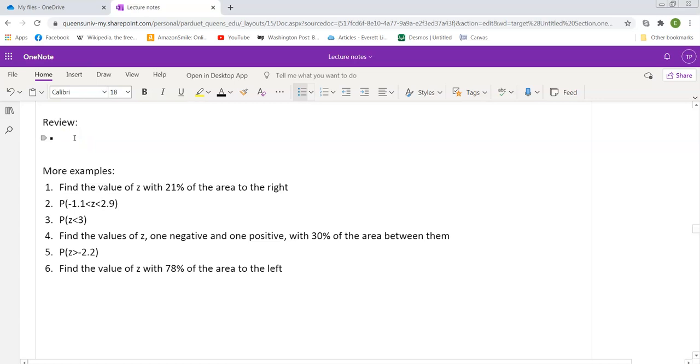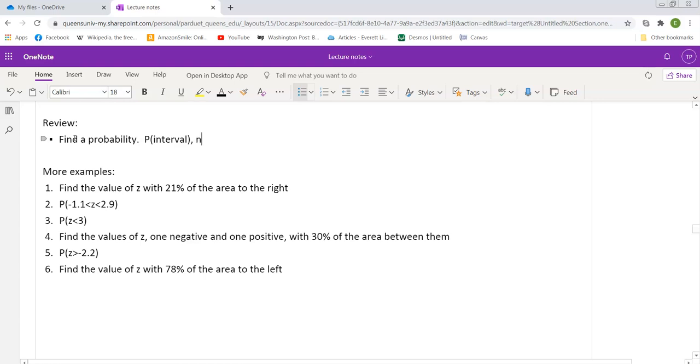So we've done 2 main problem types here. One where they're asking you to find a probability. Okay, those look like find P of, and then they'll give you some interval.